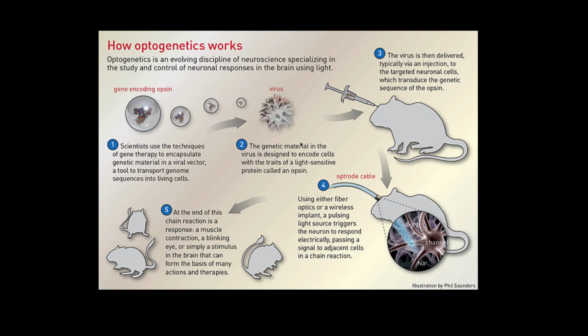So inserting this virus is going to make a specific group of cells sensitive to light. The virus is usually delivered through an injection into targeted neurons in the brain that are going to transduce the genetic sequence of the opsin, making those cells now sensitive to light.